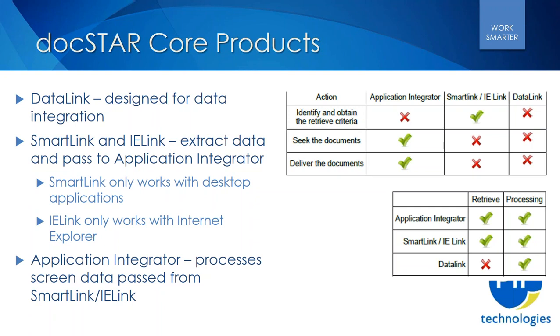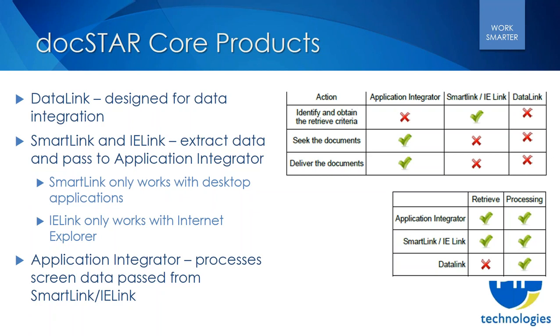These are separate modules, so these three different products, Datalink, Smartlink, and Application Integrator, are essentially three separate products, and you'll see on the right here what they actually do. Datalink does the pushing and pulling of data, whereas Smartlink is a screen scraper, so to speak.